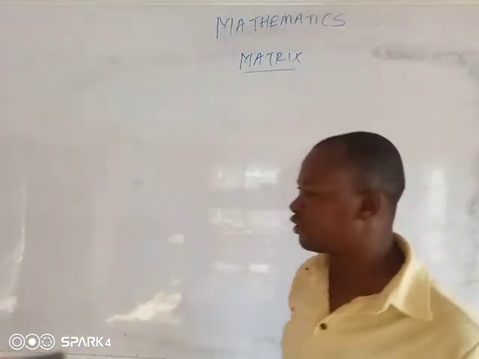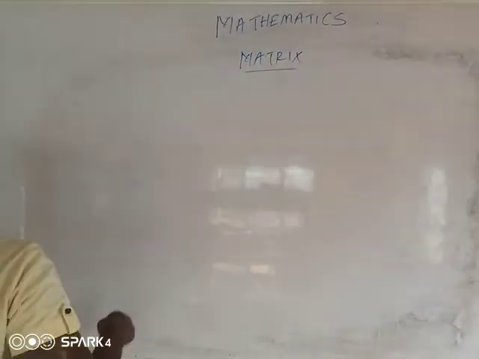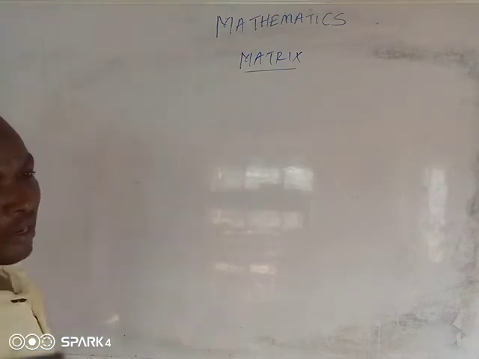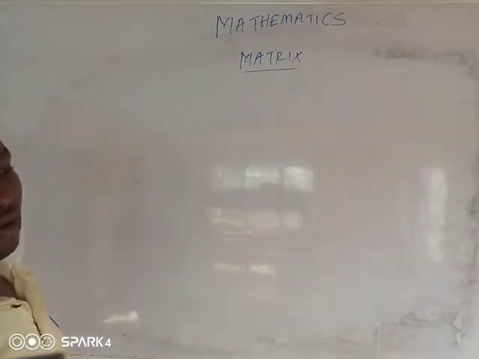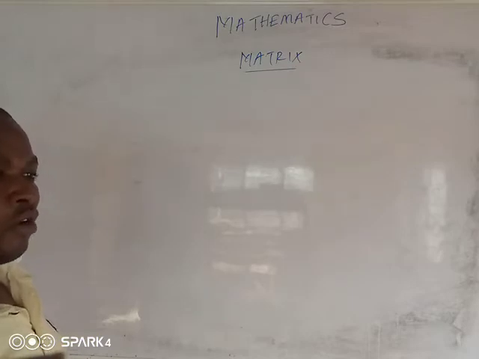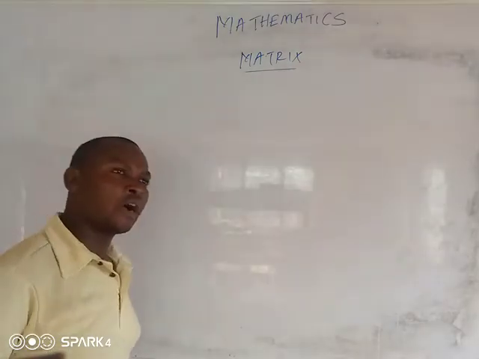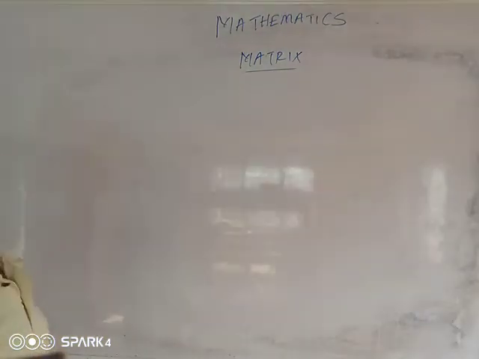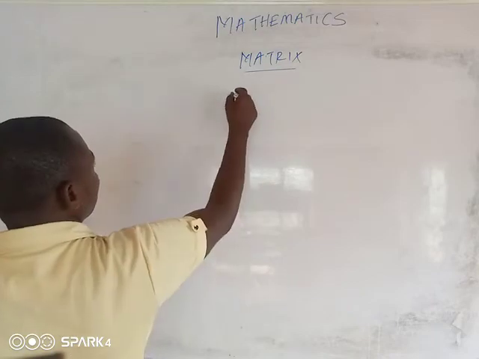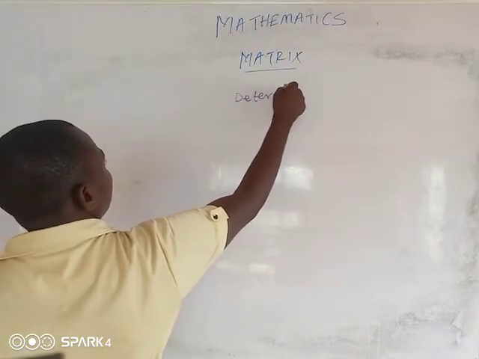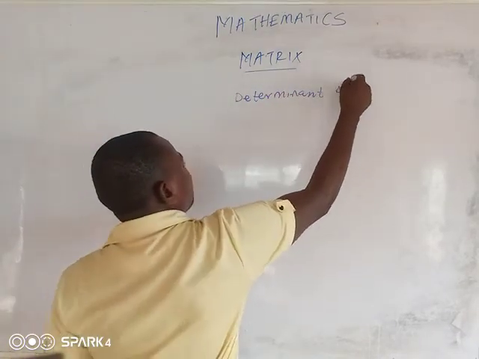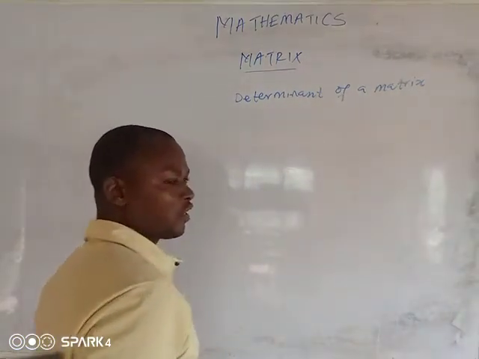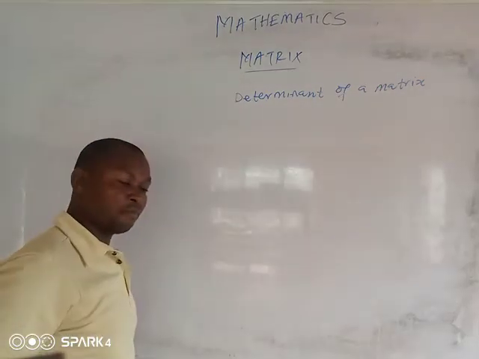We can usually use only one matrix to express or to solve a question on determinant, unless we are to perform other operations before the determinant. So it's like a magnitude of a matrix.